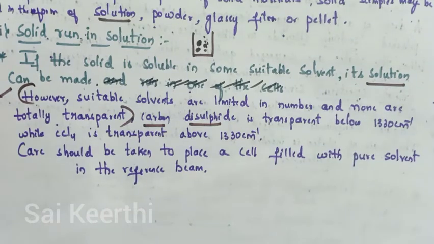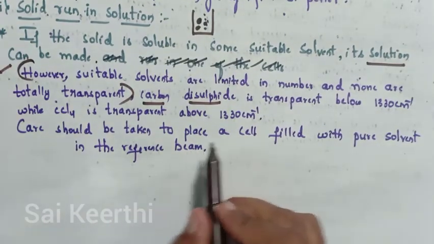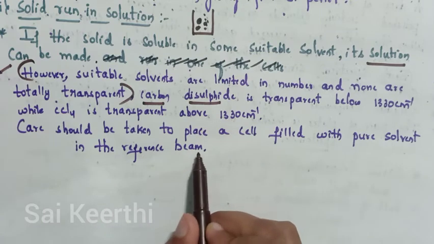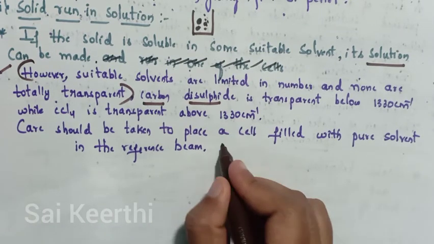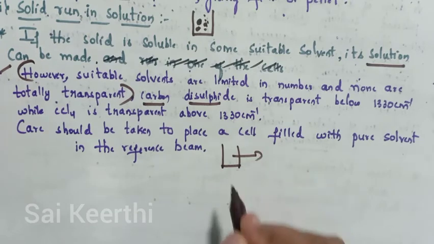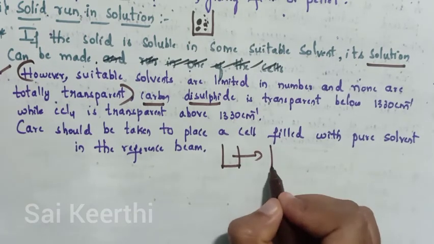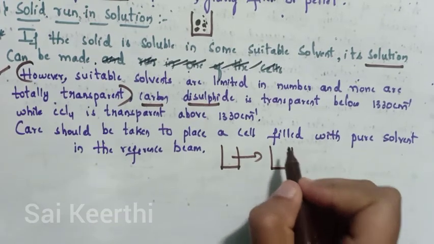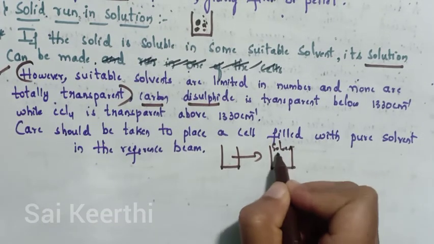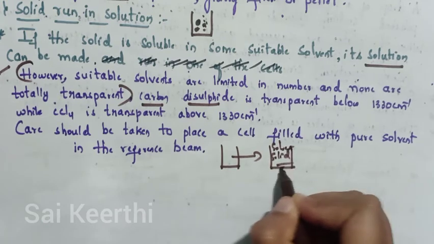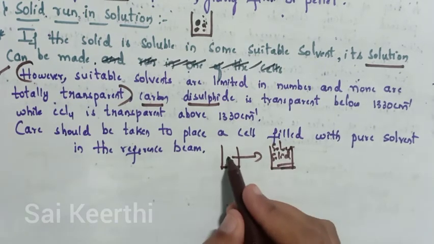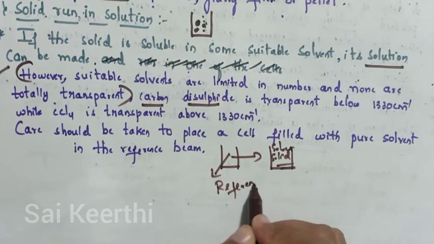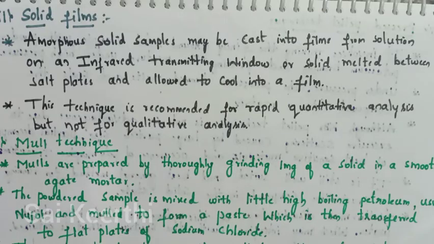And next point is, care should be taken to place a cell filled with pure solvent in the reference beam. So in the reference beam, pure solvent is placed, and for examining the sample, we make the solution of solvent plus the solid which is under study. And pure solvent is used for reference.